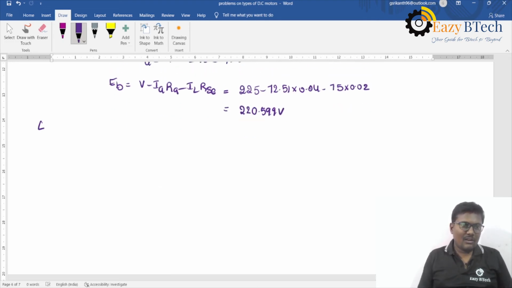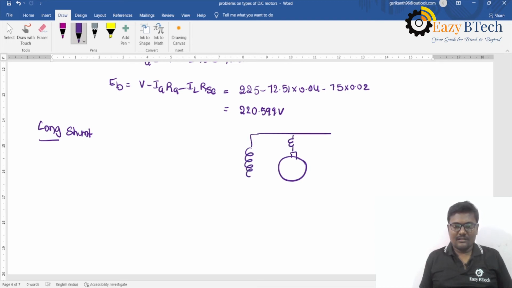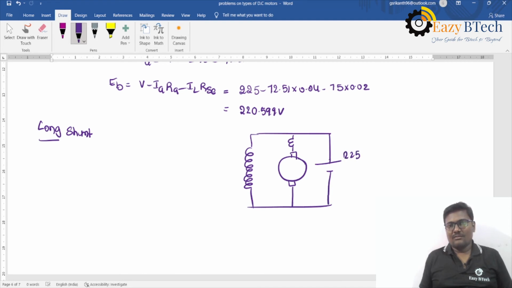If you go for the long shunt connection, first draw the diagram. The series field winding is in series with the armature, and this is the shunt field winding. I am given the same supply voltage, that is 225 volts.